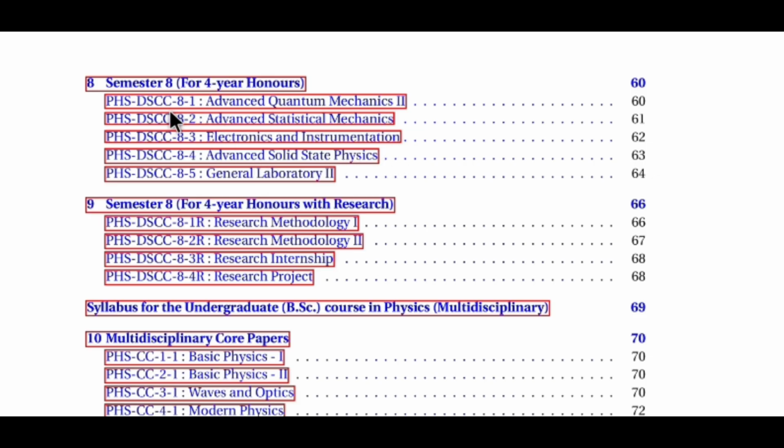But if we want to do 4 years honors with research, then you have to read some research methodology, do some research intensive work, and do a research project in the last semester.